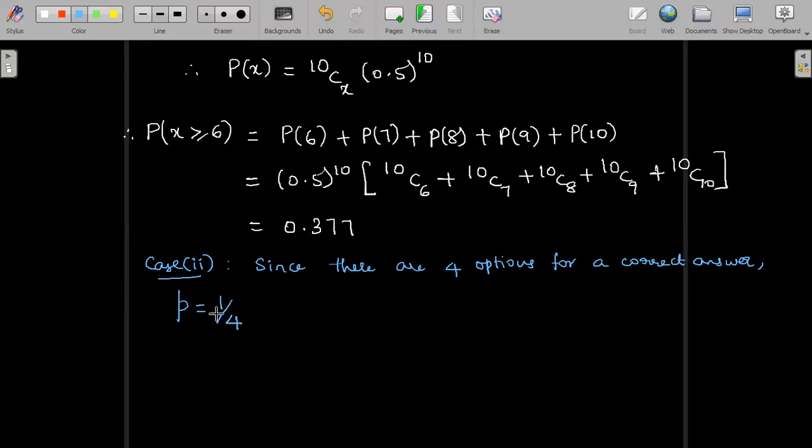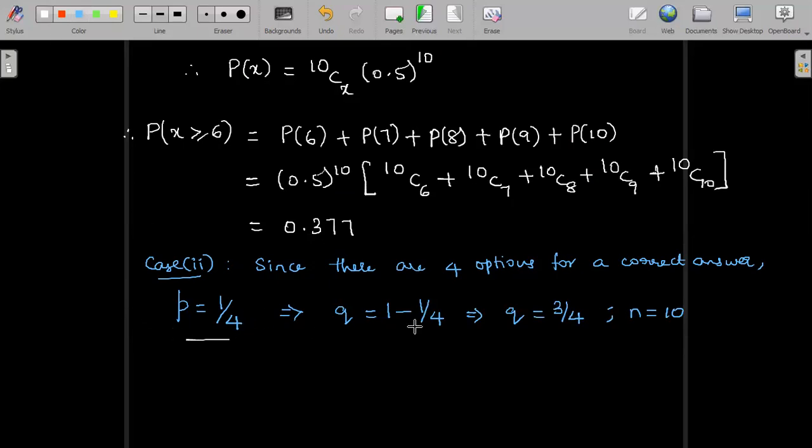We are looking forward to a correct answer, one single answer. So that is why 1 in the numerator, favorable outcomes. Possible outcomes is 4 because there are 4 different options. So P is equal to 1 by 4. With P equal to 1 by 4, Q will be 1 minus 1 by 4, which will be 3 by 4. And N remains the same in this case also. There are 10 questions to be answered. So N is equal to 10 only.